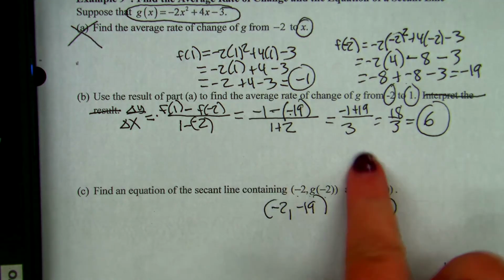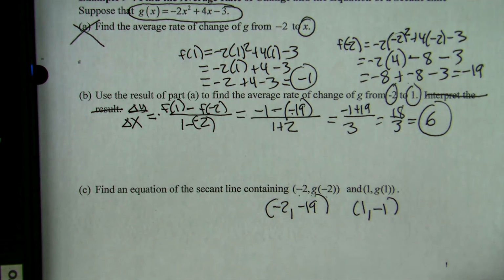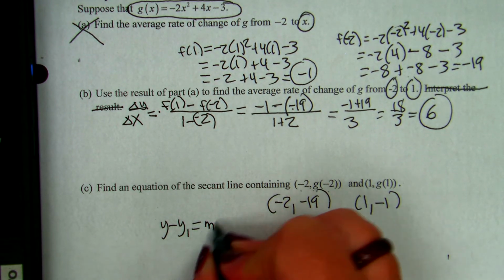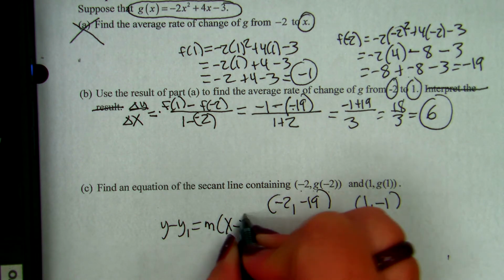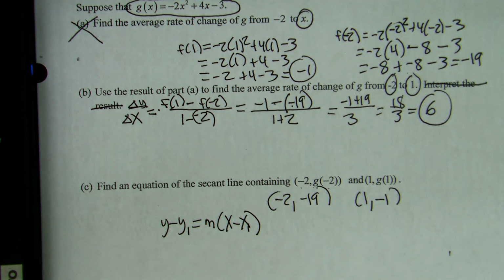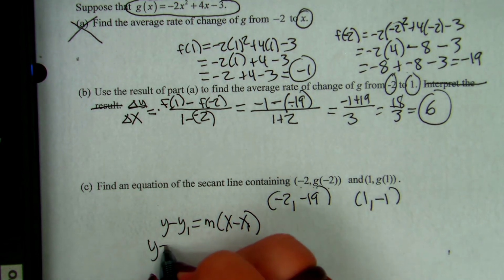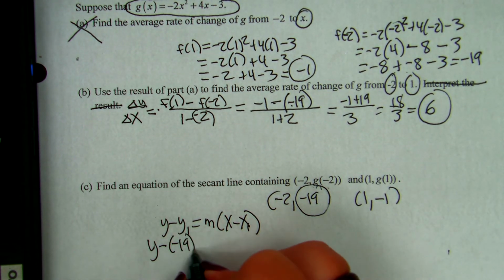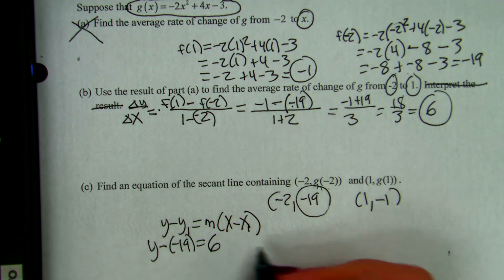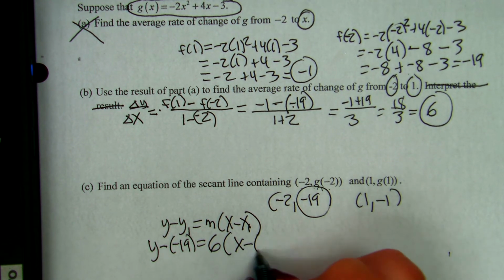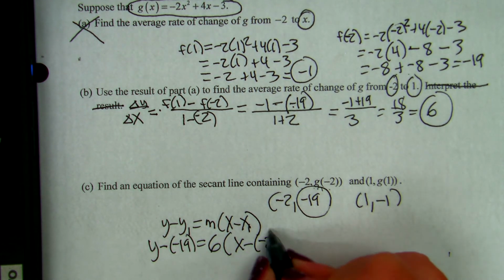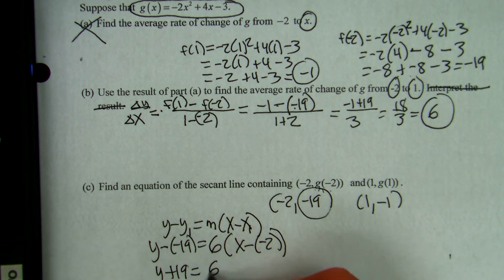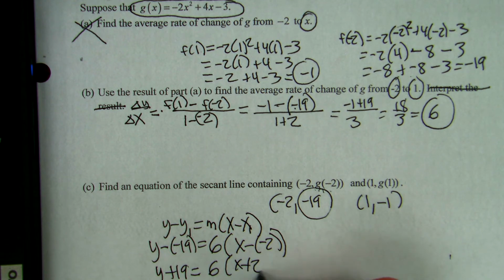So between these 2 points, we're going to use point slope form. Y minus y1 equals m times x minus x1. So y minus -19 equals 6. That was the average rate of change, or the slope. Times x minus -2. So y plus 19 equals 6 times x plus 2.